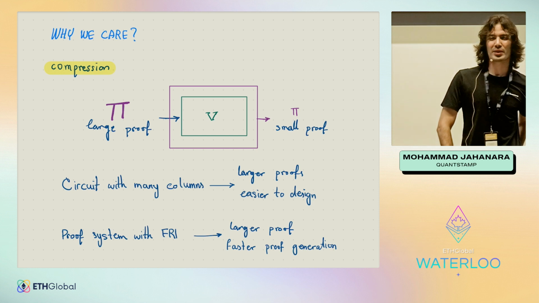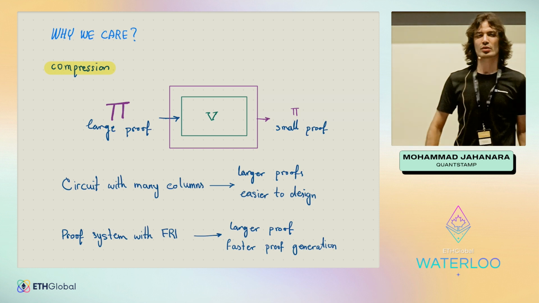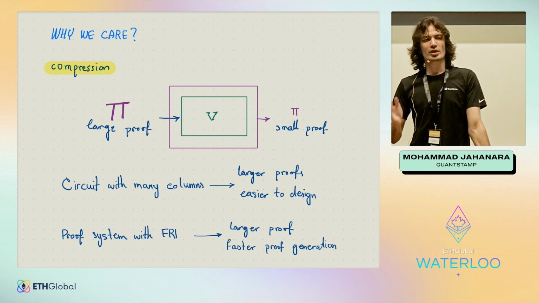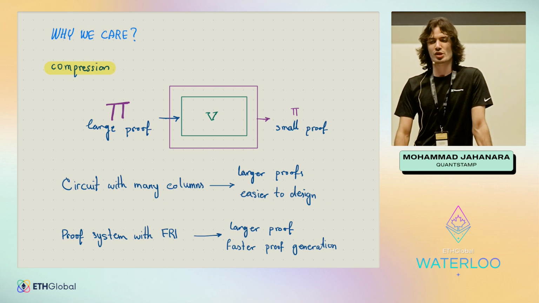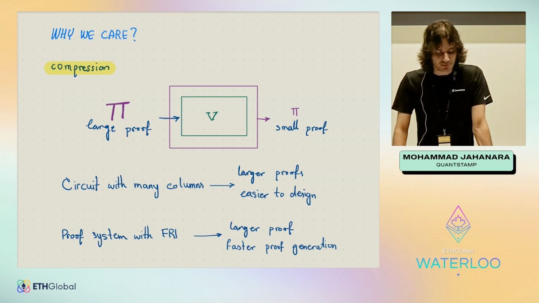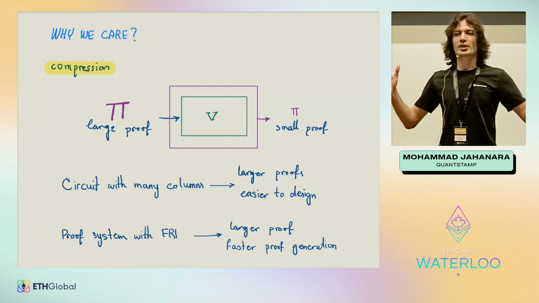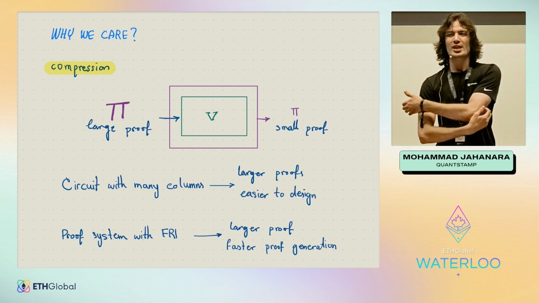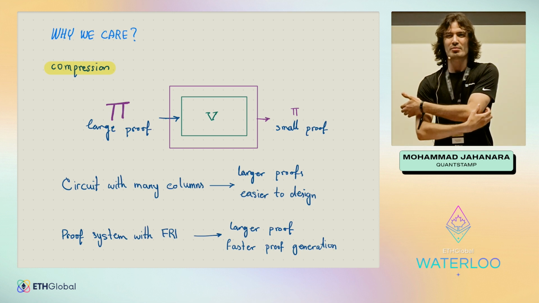Let's get a bit deeper into what is good about this stuff. We can do two main things with this technology. The first one is compression, and the second one is composition. So what do I mean by compression? I mean taking large proofs and making them small. For instance, Polygon ZK Hermes.